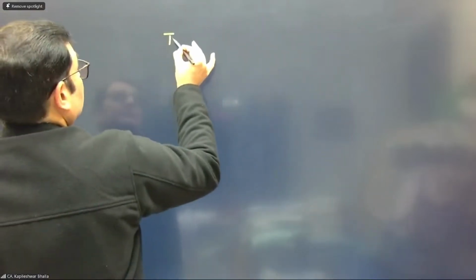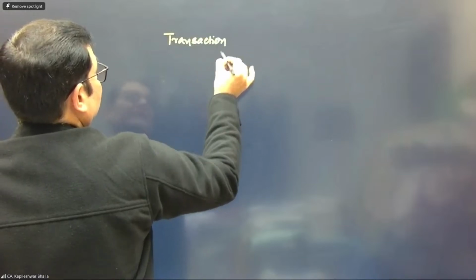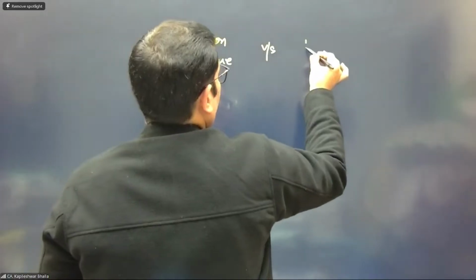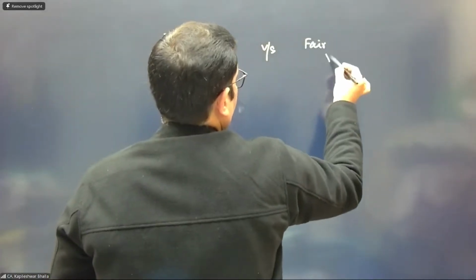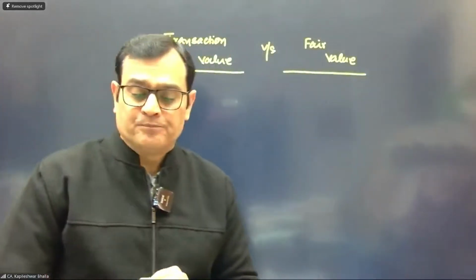So in this particular case, my focus is now on the special agenda 3, transaction value and fair value. Now let's understand this bit wonderfully first and then move ahead. So we're looking at the issue of transaction value versus the concept of a fair value. We're looking at the difference between a transaction value and a fair value.